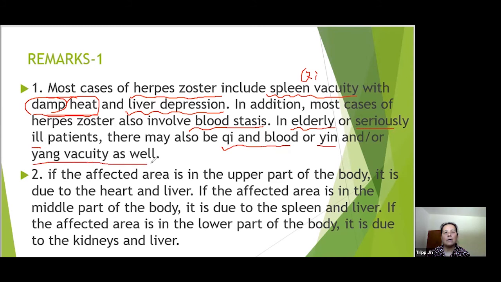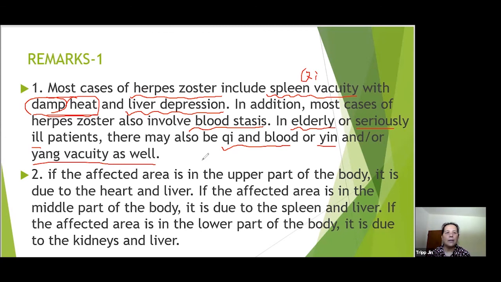So we say this illness pretty easily happens in aging people, and aging people pretty easily have an underlying deficiency condition: yin deficiency, yang deficiency, qi deficiency, and blood deficiency.